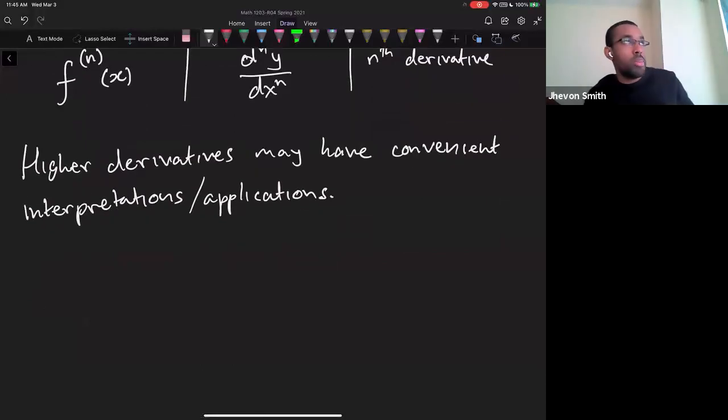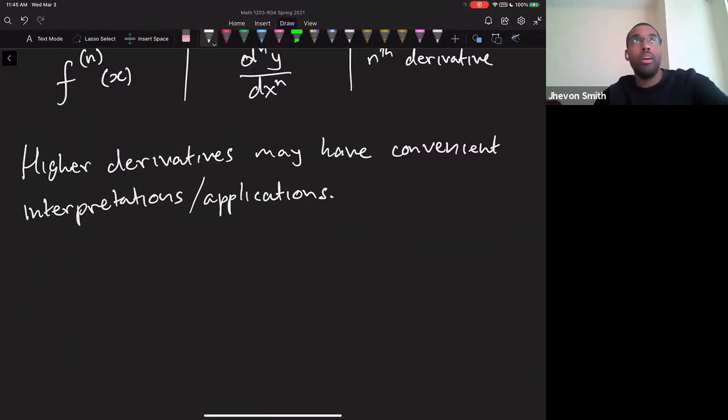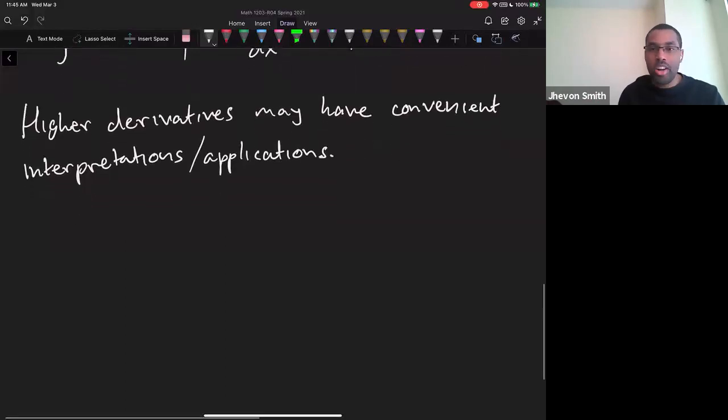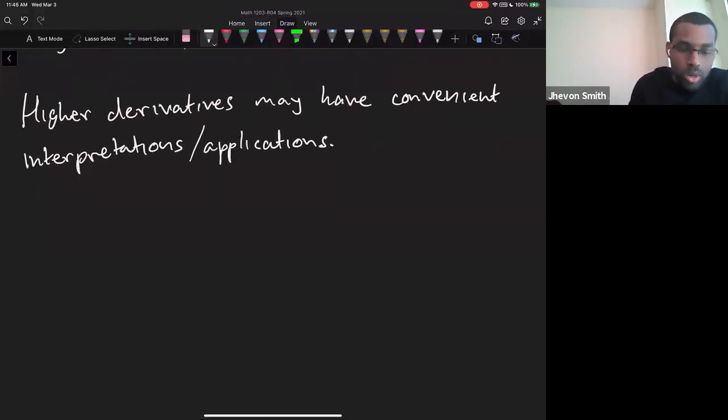We are mostly going to be interested in the second derivative as our main applicable higher derivative. Not because it's the only important one, but for the applications that we're going to do in Calc 1, the second derivative is going to be the most we need in general. I don't think I ever asked anyone to compute a third or fourth derivative, but if I ever ask that, it will just be a computational problem and you won't really have to do anything with that information. I'll just ask you to find it to see if you knew what it is and how to find it. But in terms of what we can actually use, the second derivative is going to be the highest one we're going for.